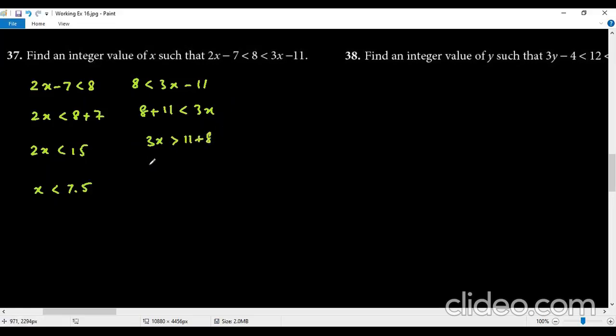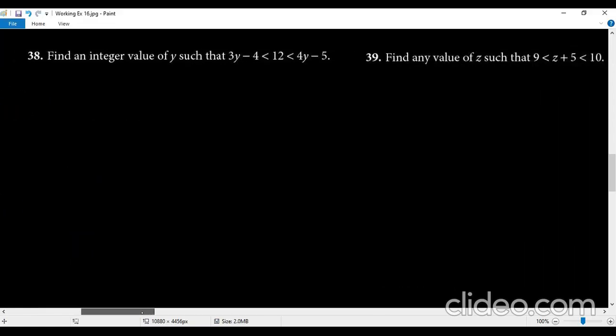That means I'm going to write 3x greater than 11 plus 8, which is giving us 19. That means x is greater than 19 over 3. And when 19 is divided by 3, ultimately we are going to get 6 as an integer value. For question number 37, x is going to be 7, which is less than 7.5 and greater than 6.